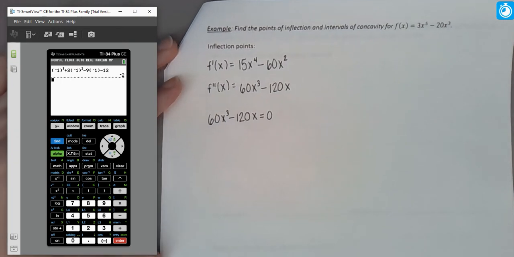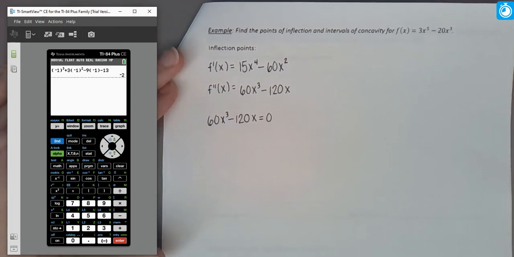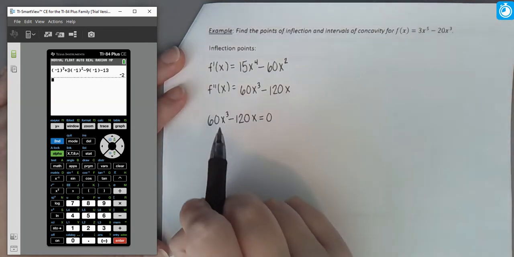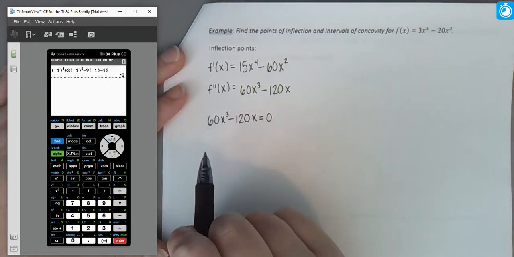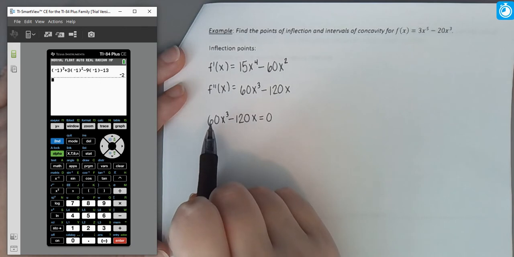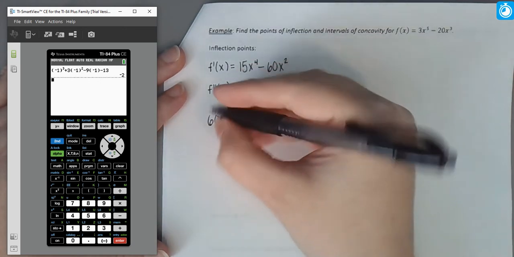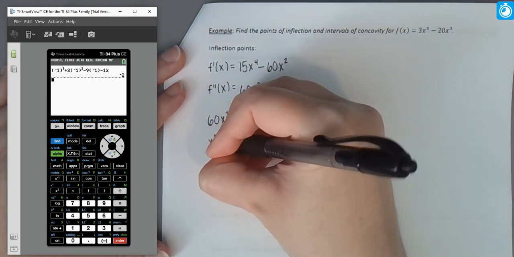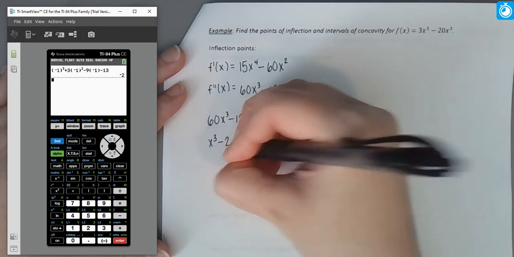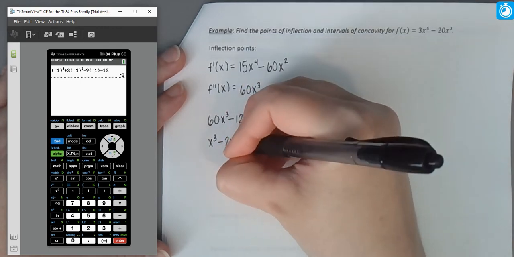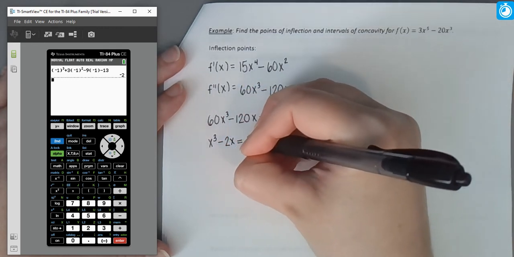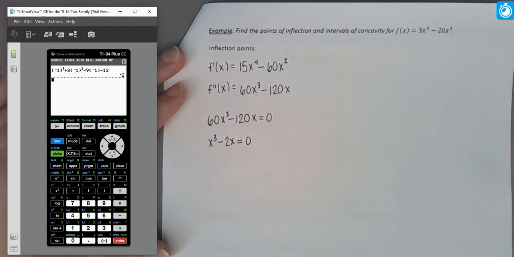Now again, we don't want to ever divide out our variable, because anytime we divide out the variable, we eliminate possible solutions to our equation. But we can divide out common factors for our coefficients. So 60 and 120 have a factor of 60 in common, so we can divide that out on both sides, which will leave us with x cubed minus 2x, and then 0 divided by 60 is still 0.